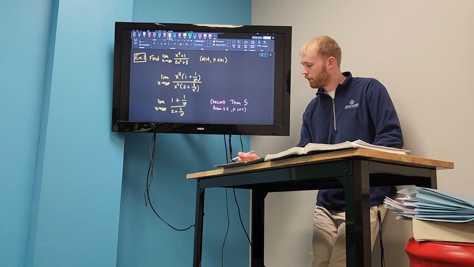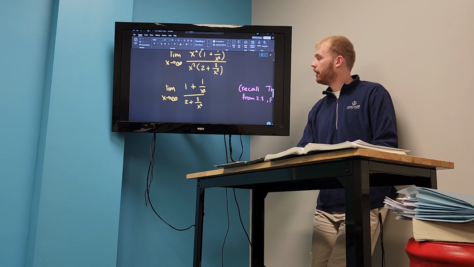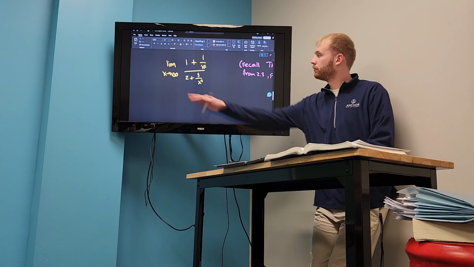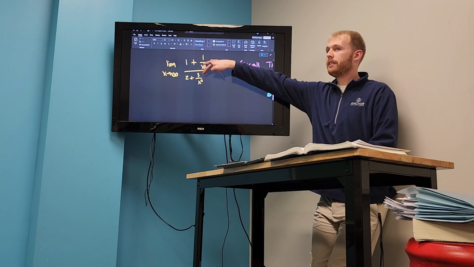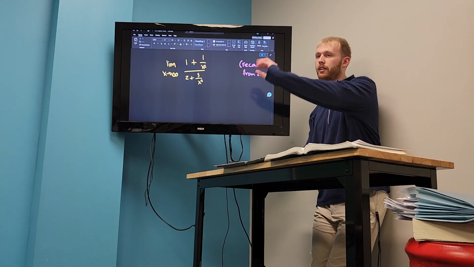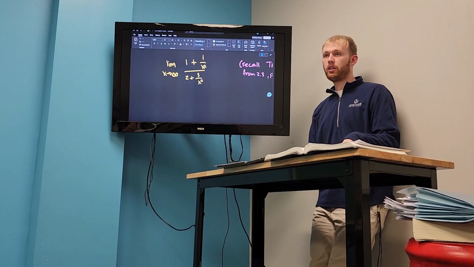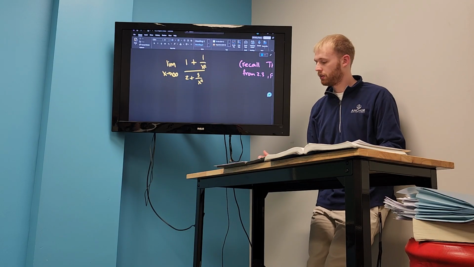All right, so if you have a limit and you've got some stuff on the inside of that limit, you could take the limit of each of these terms that are summed together. That's also true with multiplication and division. That's all there in theorem 5.